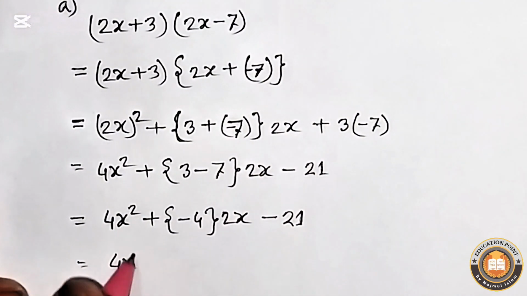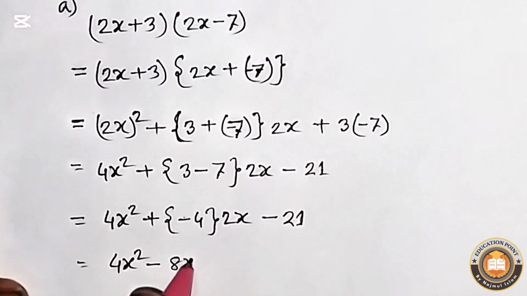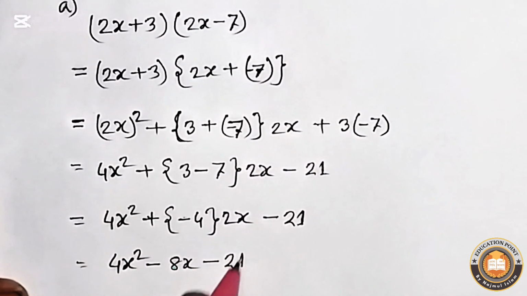That equals 4x square minus 8x minus 21.